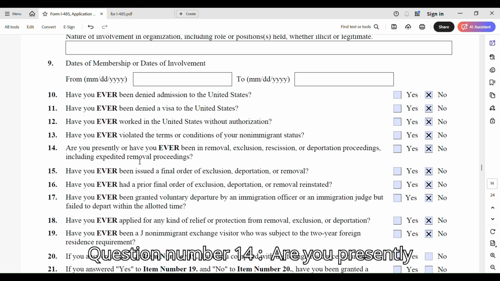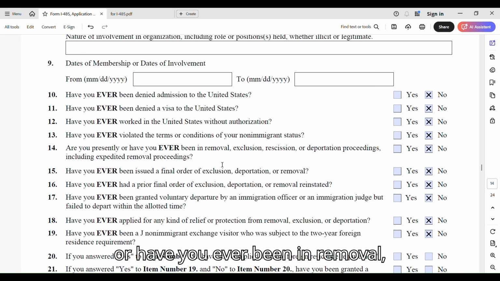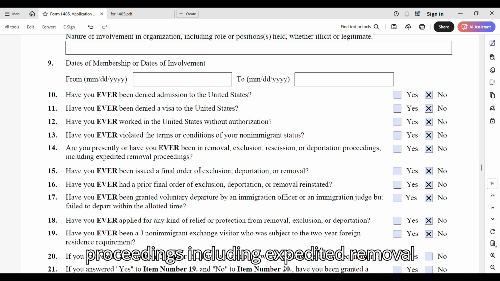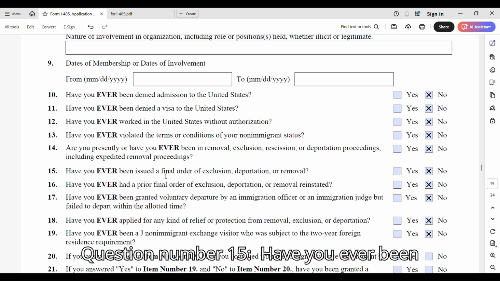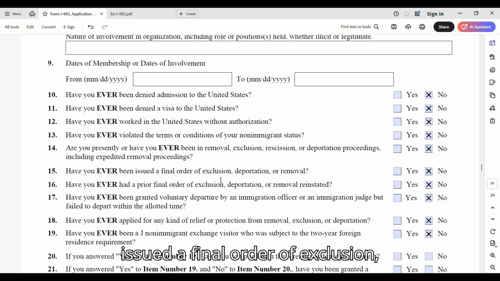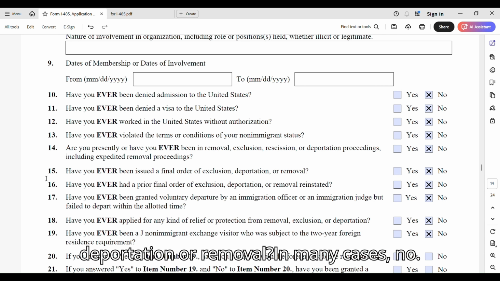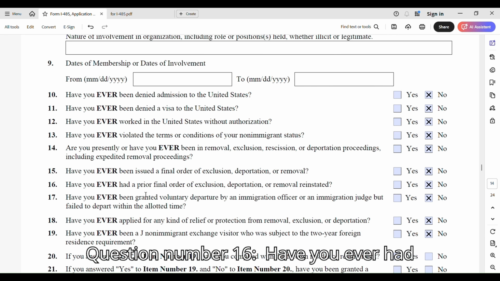Question number 14. Are you presently or have you ever been in removal, exclusion, rescission, or deportation proceedings, including expedited removal proceedings? In my case, it is no. Question number 15. Have you ever been issued a final order of exclusion, deportation, or removal? In my case, it is no. Question number 16.